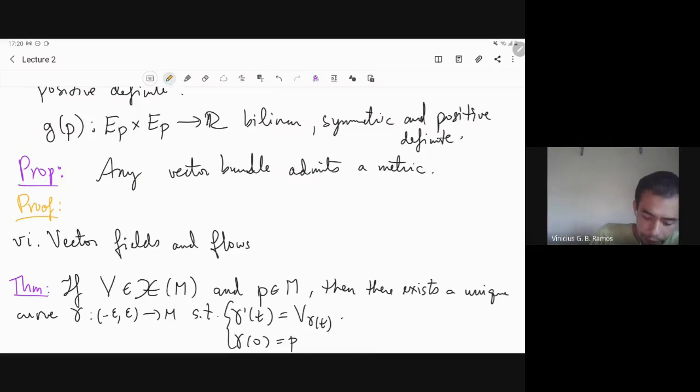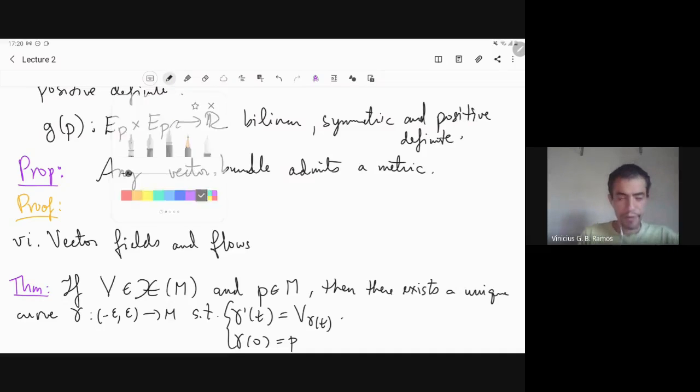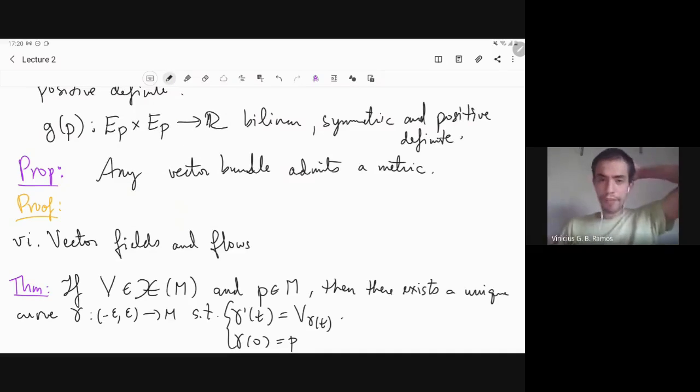Well, we know that for each point in M, you can find a neighborhood where the bundle is locally trivial.